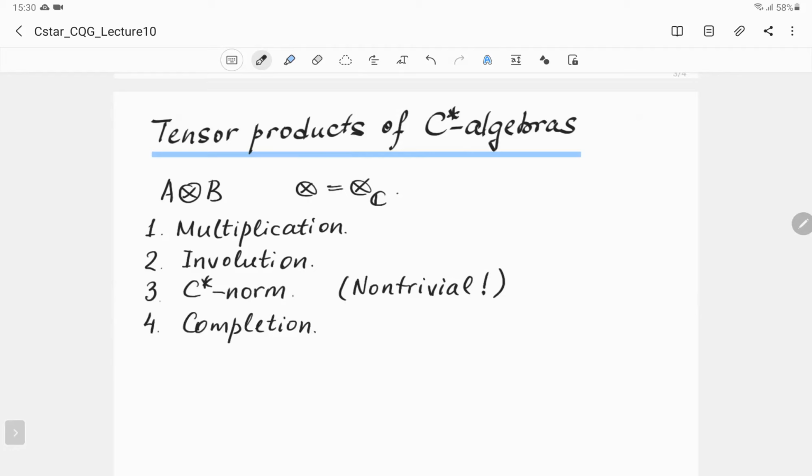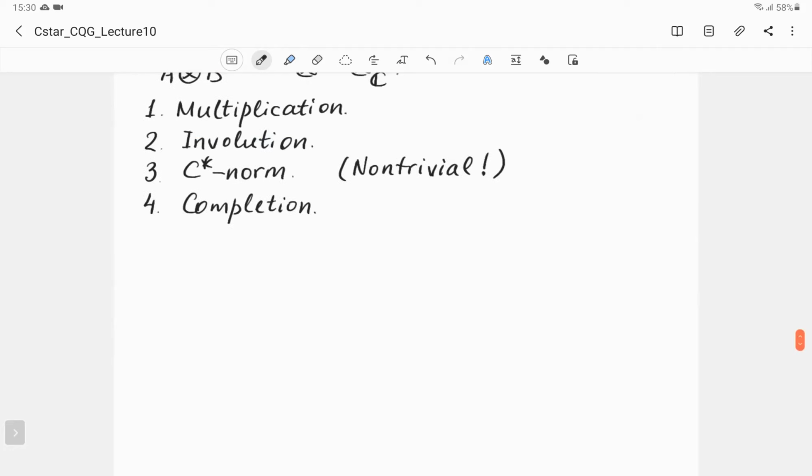Okay, so this is our program, this is our strategy. So let's start with the easy part of this program. So we have the following simple proposition. Suppose that A and B are two algebras.